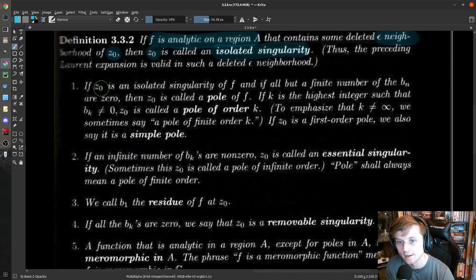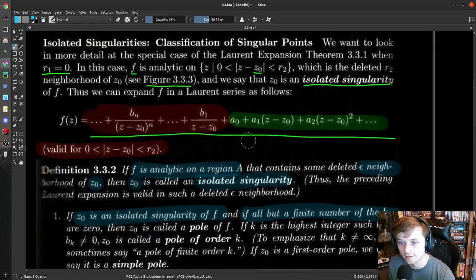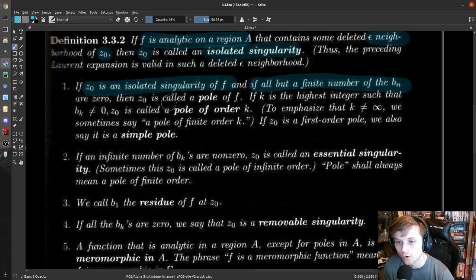If z0 is an isolated singularity of f, and if all but a finite number of the Bn are 0, that is, if we don't have these dots going on and on forever in any meaningful way, that is, there's only a finite number of terms that have stuff in the denominator and are not 0, then we're going to say that z0 is a pole of f.